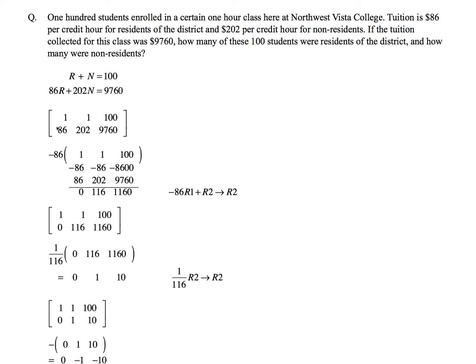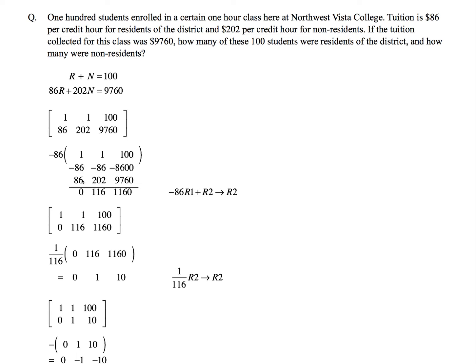And so to get a 0 in this entry, we simply multiply the first row by this number's additive opposite, which is negative 86, and add the two rows together. Negative 86 times 1 is negative 86, times 1 is negative 86, times 100 is negative 8,600.